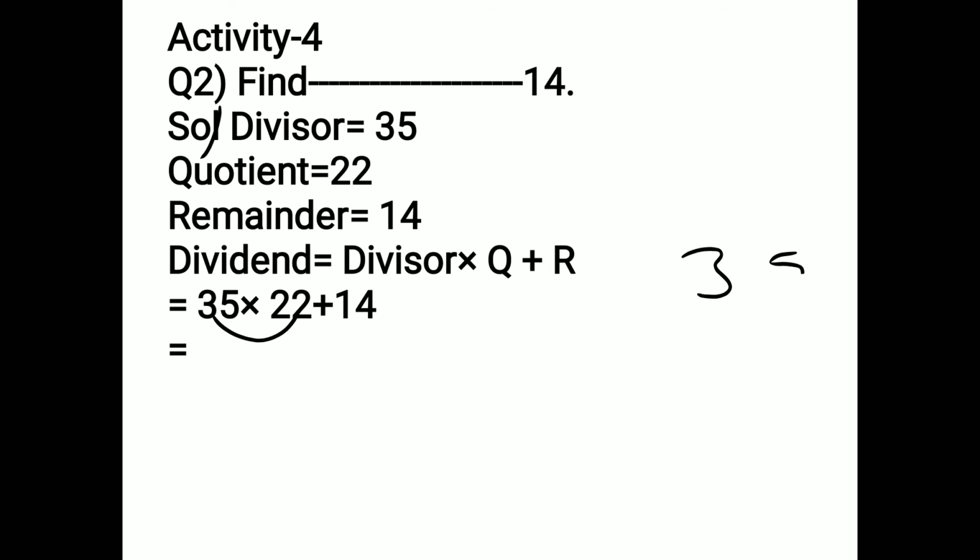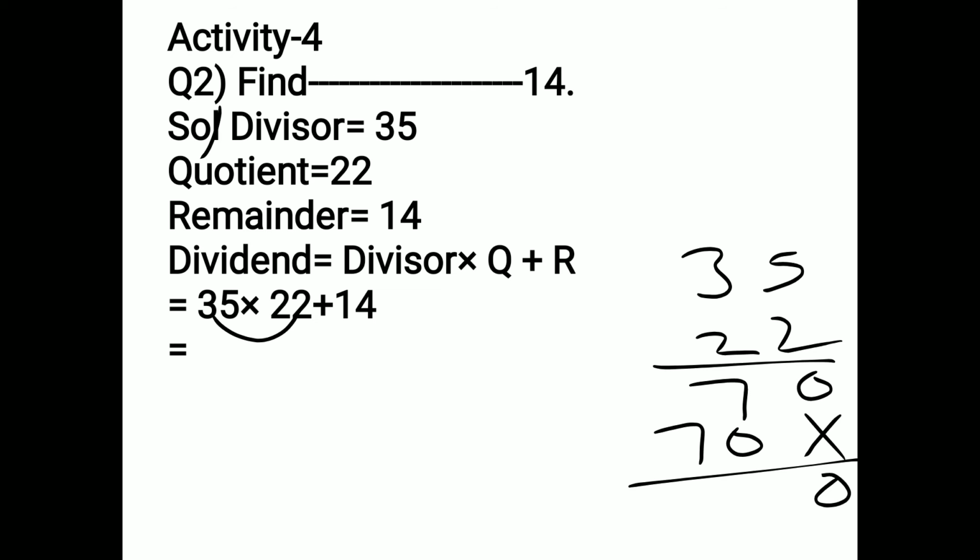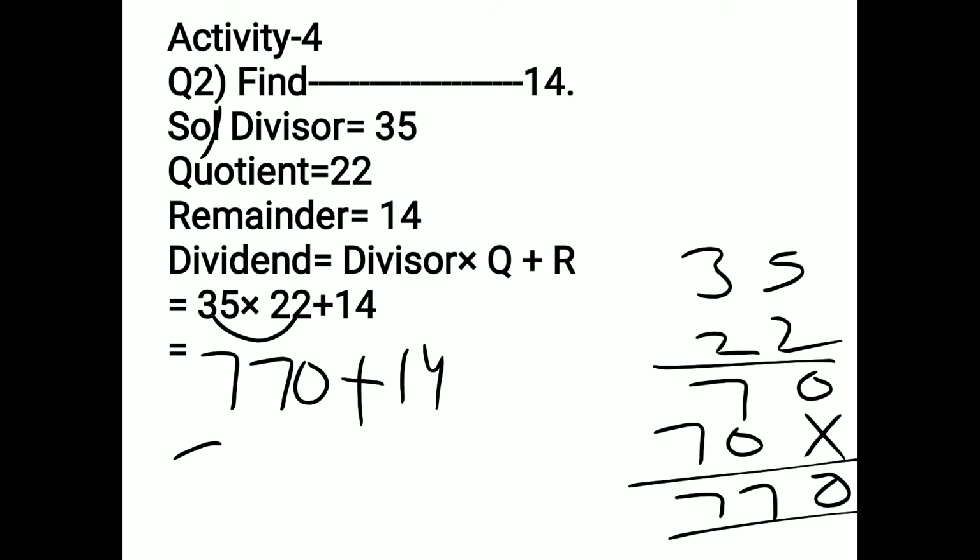So I will do it on the side: 35 into 22. 2 fives are 10. 2 threes are 6 plus 1 is 7. So the answer will be 770. So 770 plus 14 you do. So your answer will be 784. This is the answer. Clear?